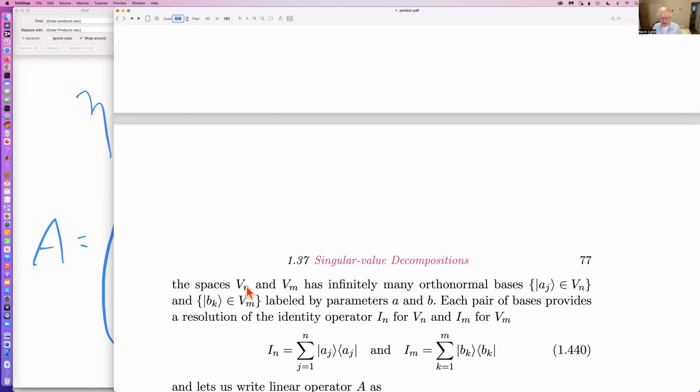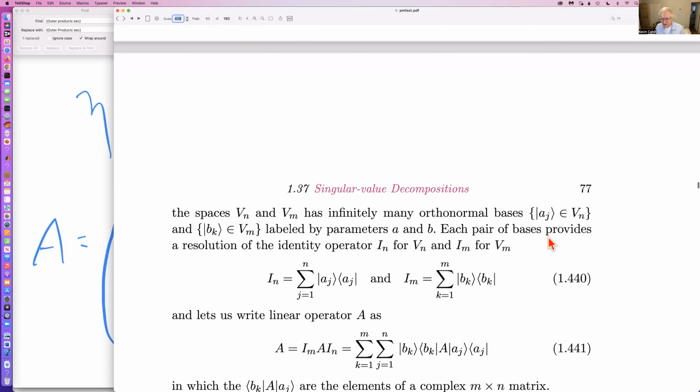Each of the vector spaces, V_n and V_m, has infinitely many orthonormal bases, a_j in V_n and b_k in V_m. I'm just labeling them by parameters a and b. But in each case, there are n of these and m of those. And again, n and m don't have to be equal, and either one can be the bigger one.